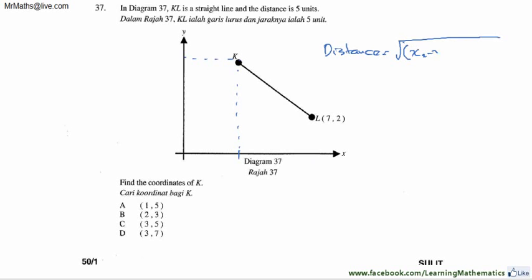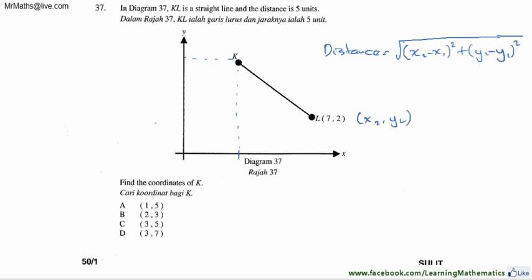X2 minus x1 squared plus y2 minus y1 squared. Sorry, y2 minus y1. This is the formula for distance between two coordinates. So let's go test. We call this as x2 and y2.